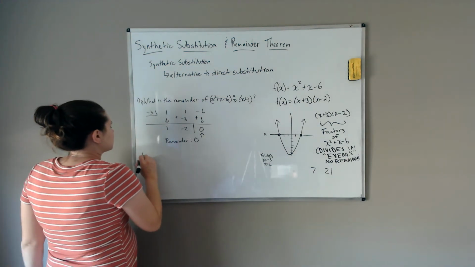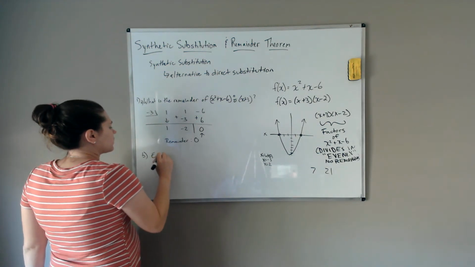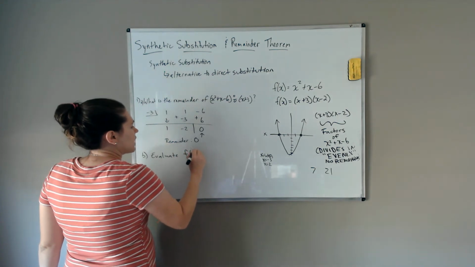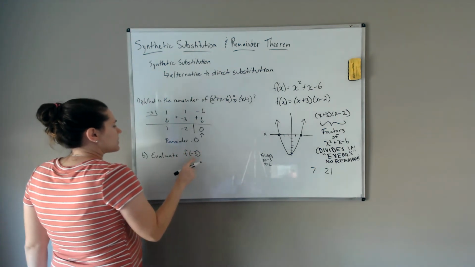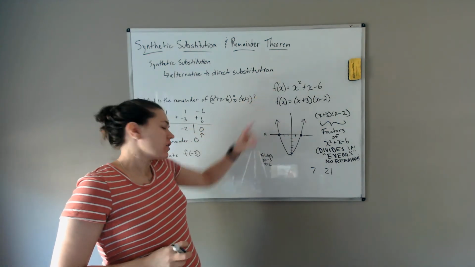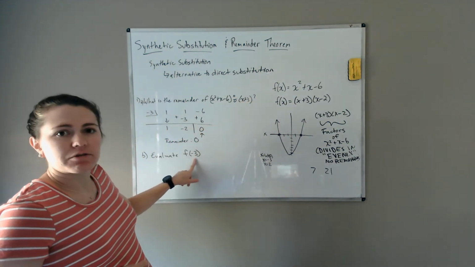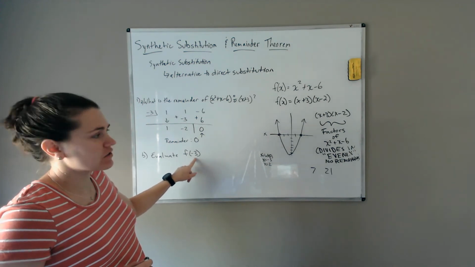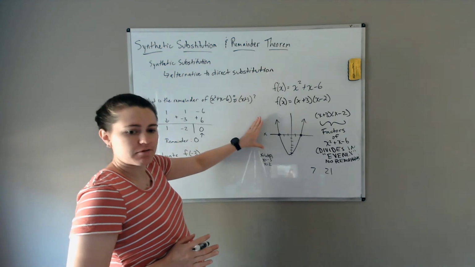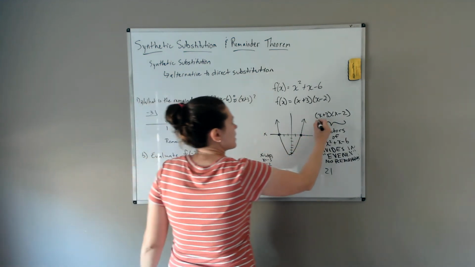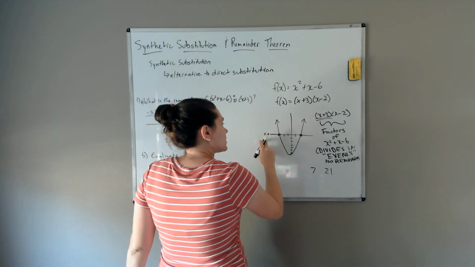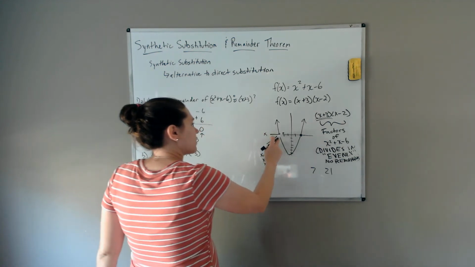Now in part B, I'm going to ask you to evaluate f of negative 3. So this says take the function f of x and plug in negative 3. So we're letting x be negative 3. Now let's think about it. We already know what this should be if you look at the graph. x plus 3 is the factor, and it made x have an output of 0.